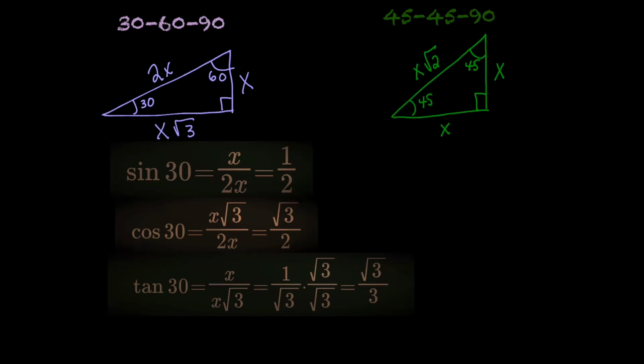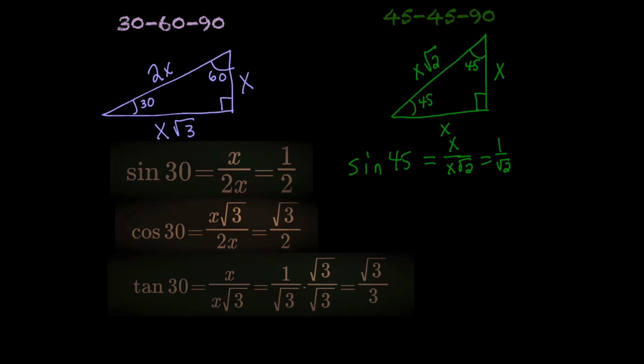Okay, so let's look at the 45, 45, 90 triangle. So here we can do the sine of 45. Well, that's opposite over hypotenuse. So that's x over x square root of 2 equals 1 over the square root of 2.